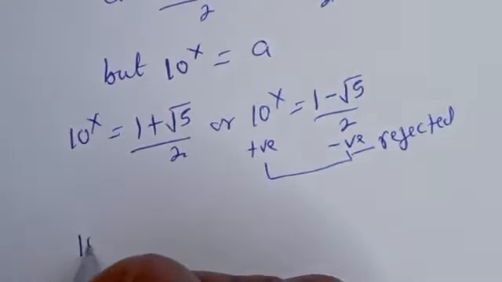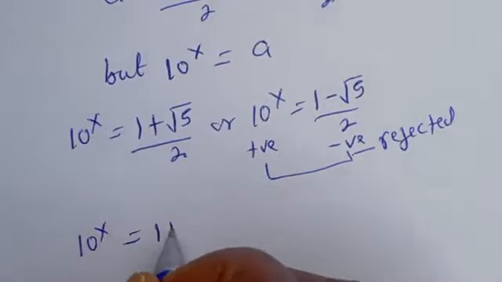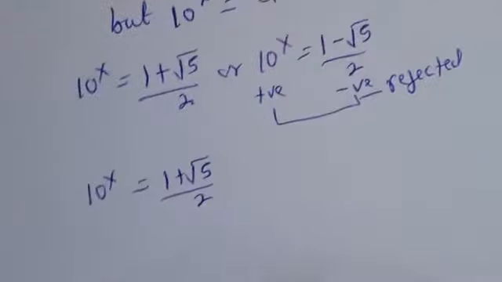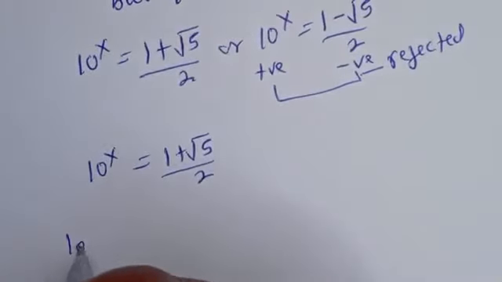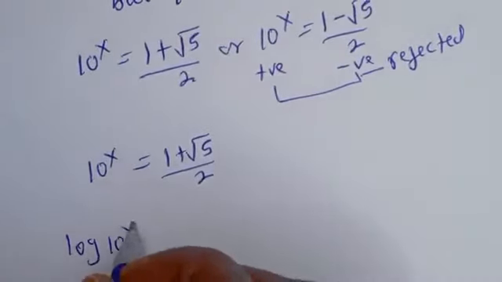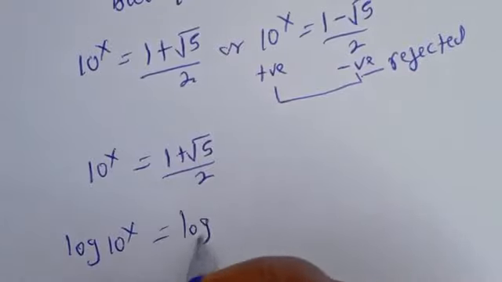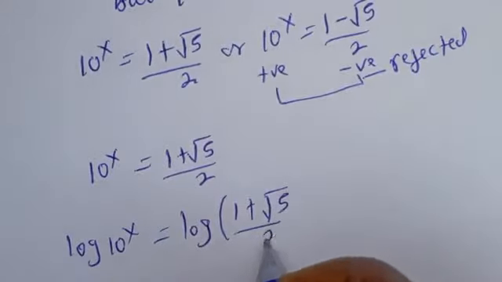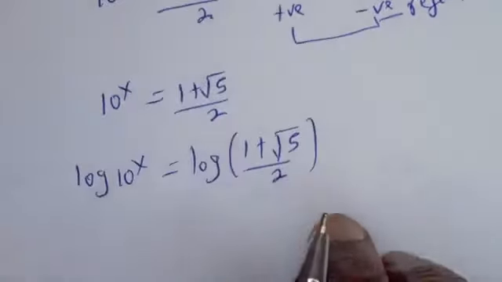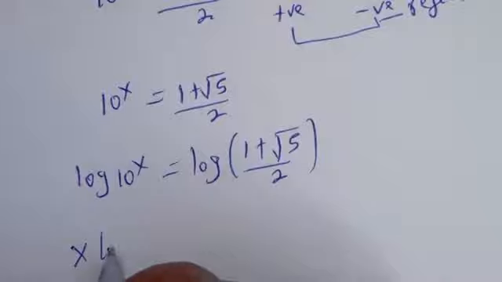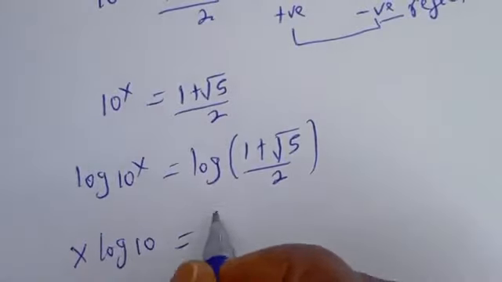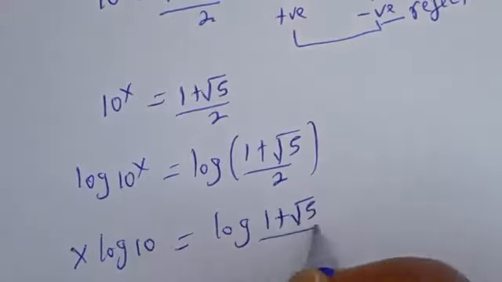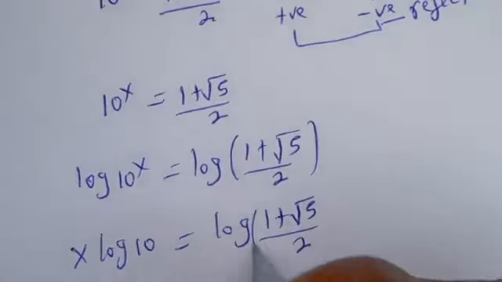Therefore, we have 10 to the power of s is equal to 1 plus root 5 over 2. If you take the log of both sides, we have log 10 to the power of s is equal to log of 1 plus root 5 over 2. Then s log 10 is equal to log of 1 plus root 5 over 2.